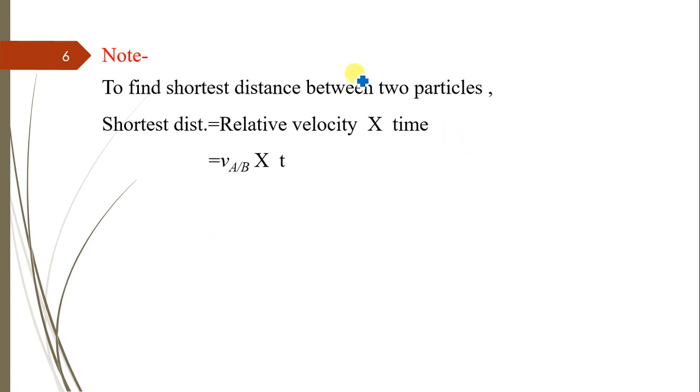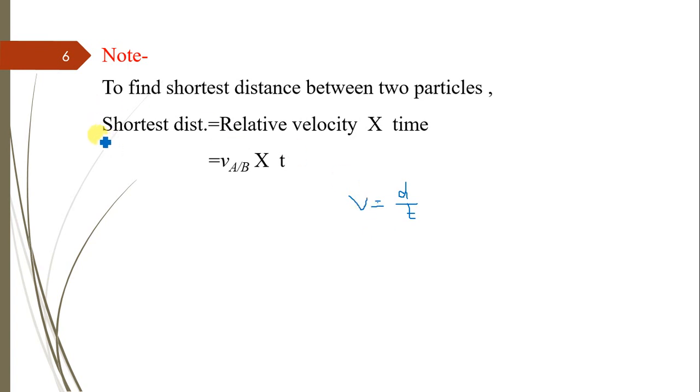Note, now again, to find the shortest distance between two particles, the shortest distance is equal to relative velocity multiplied by time. Now we know that velocity equals distance upon time, therefore distance is equal to velocity multiplied by time.